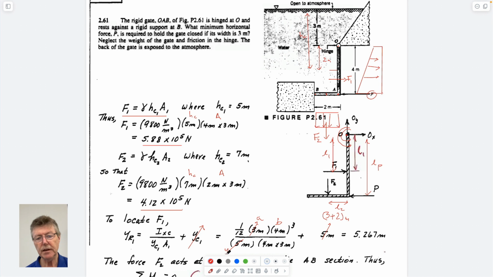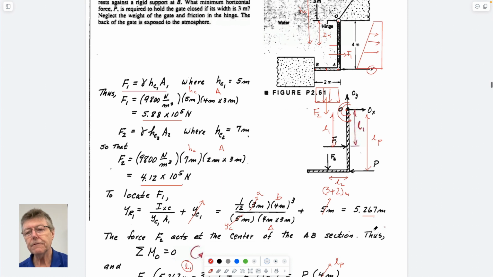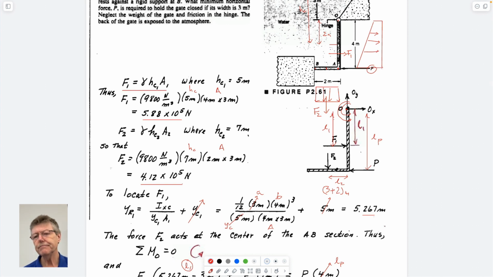So this is y sub c. And the area of the gate is 4 high and 3 into the page. And so this is this A. And not surprisingly, it gives us the depth of the centroid, which is 5 plus some small amount below it, which is this 0.267. So that's 1.